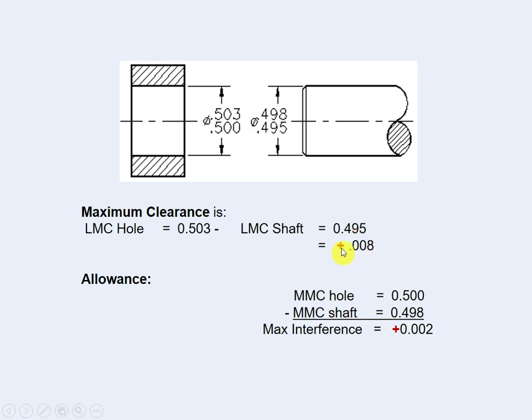The value is positive. When you have the clearance positive and the allowance positive, what type of fit do we have, guys? Clearance fit. Yes, we always have positive clearance.